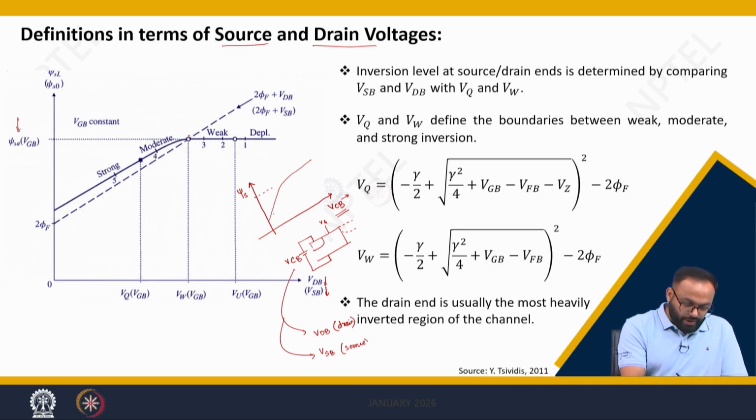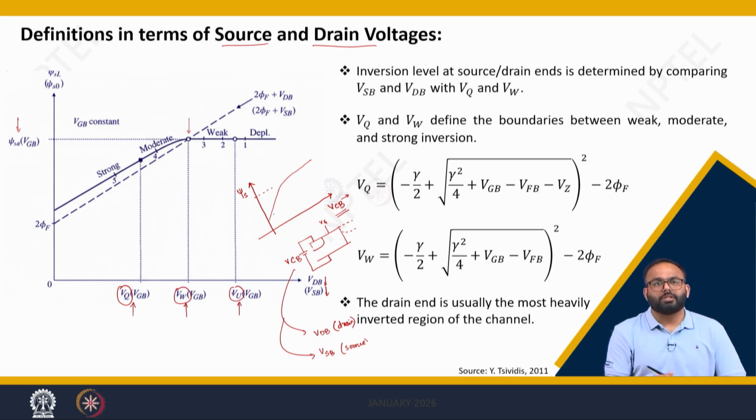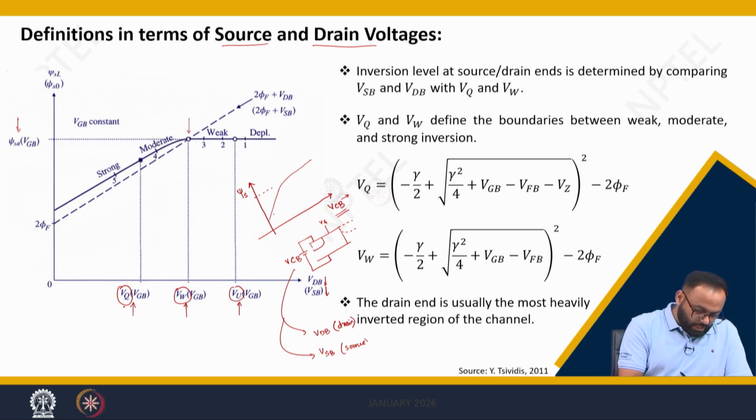This point is defined as the onset of weak inversion. So we have already defined these parameters as VQ, VW and VU. We are going to use these parameters in our next lectures also, so that I can help you understand what is the meaning of Q.